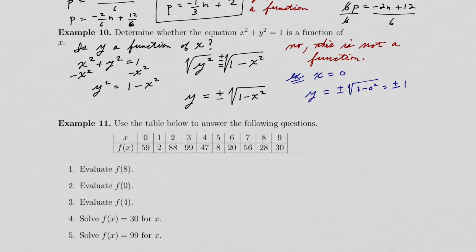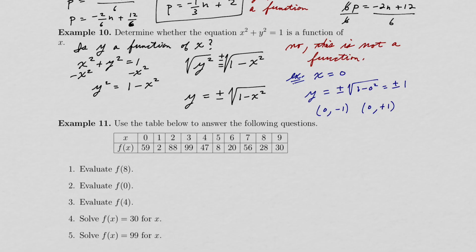So what this is saying is that if x equals 0, one possibility is y equals negative 1. And if x equals 0, another possibility is y equals positive 1. So this is not a function, because the inputs repeat. For each input, I have more than one output. Okay, so that would not be a function.